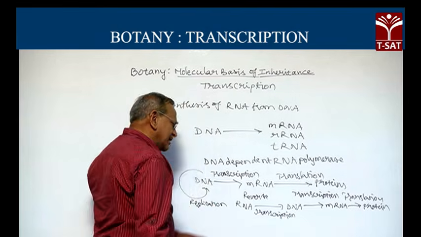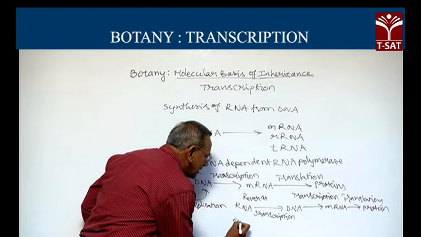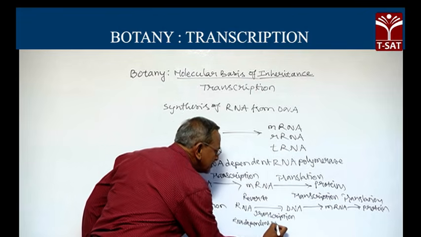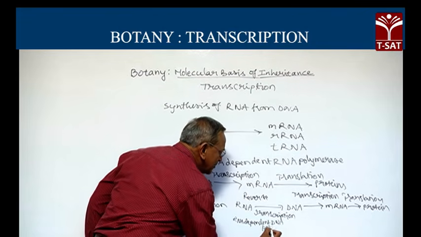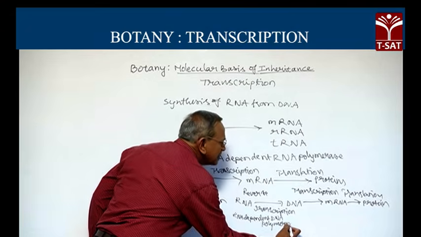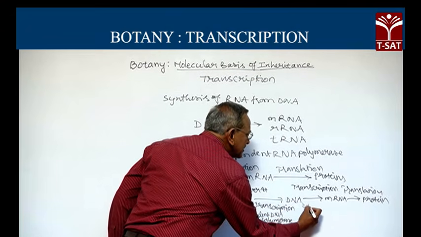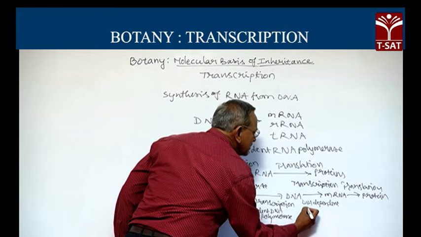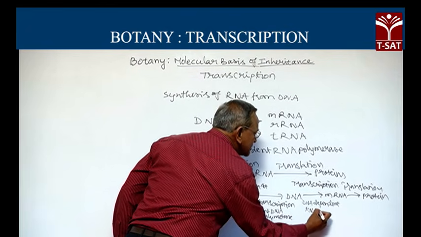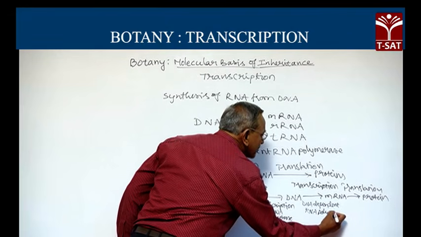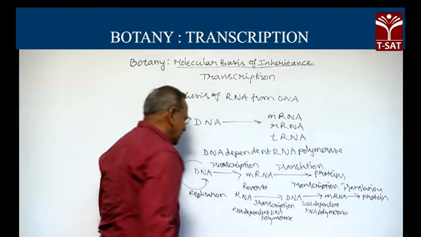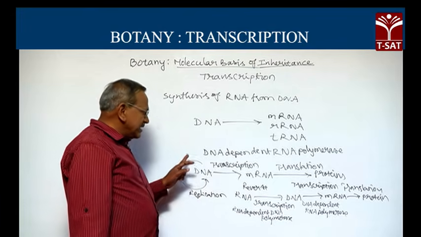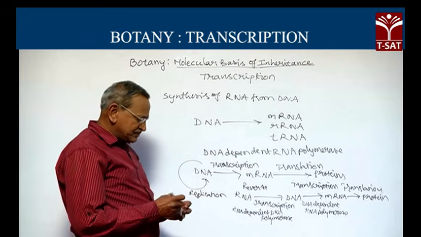The enzyme required here is RNA dependent DNA polymerase. Here it is DNA dependent RNA polymerase. And for this step, we require DNA dependent DNA polymerase.